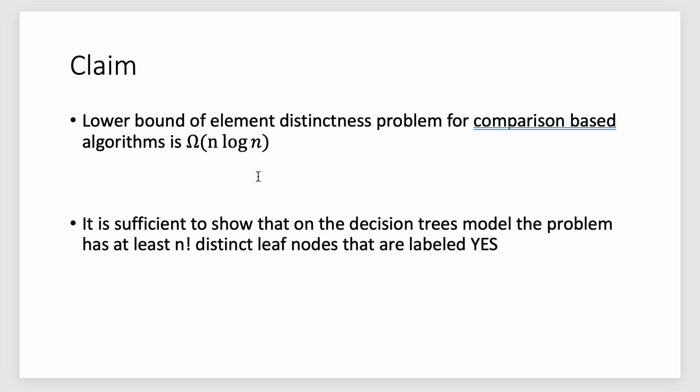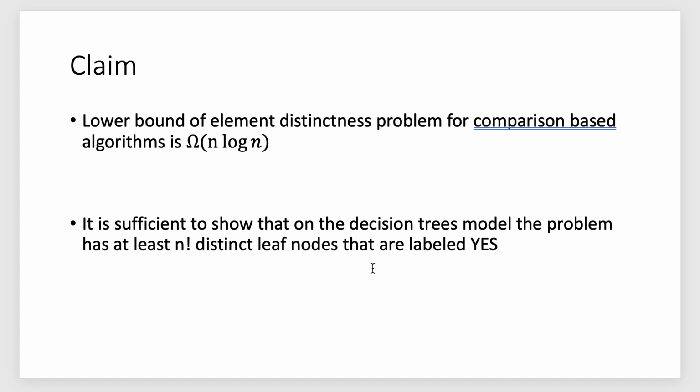How will we prove that? To prove it, it's sufficient to show that on decision tree models, the problem has at least n factorial leaf nodes that are labeled yes.